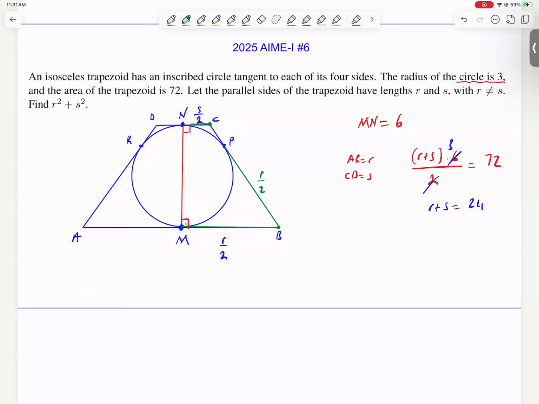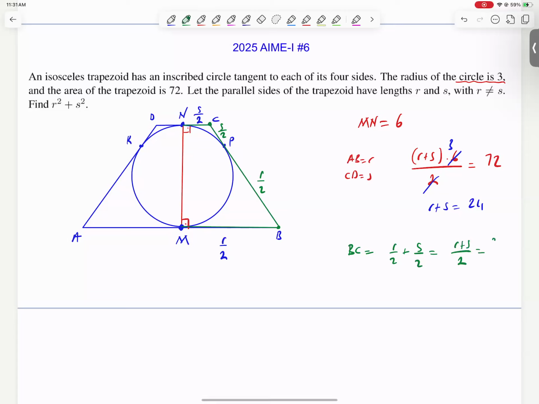And from C, drawing tangents to the circle, NC must be equal to CP, which is s divided by 2. We can write BC in terms of r and s: BC is equal to r over 2 plus s over 2, which is (r plus s) divided by 2.